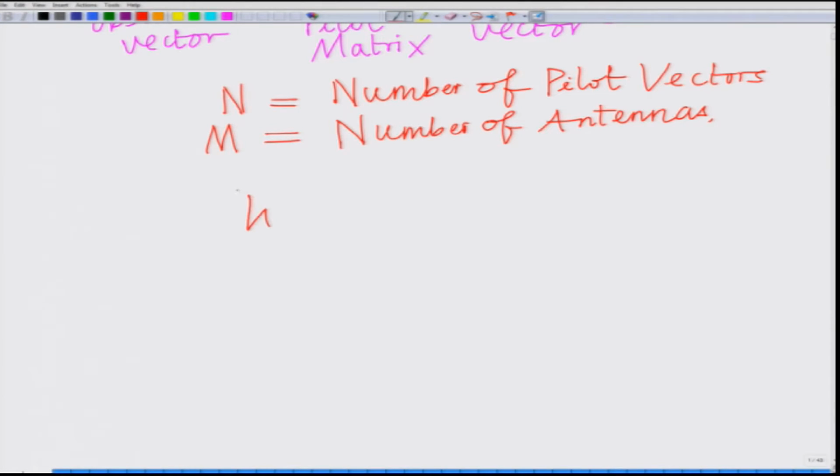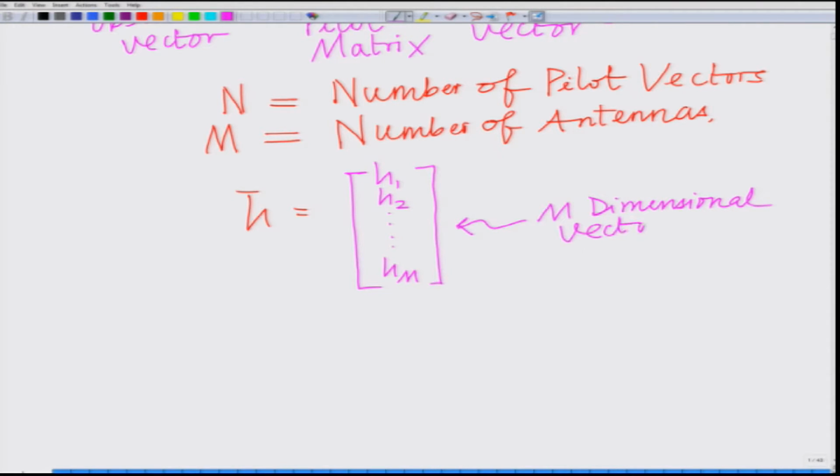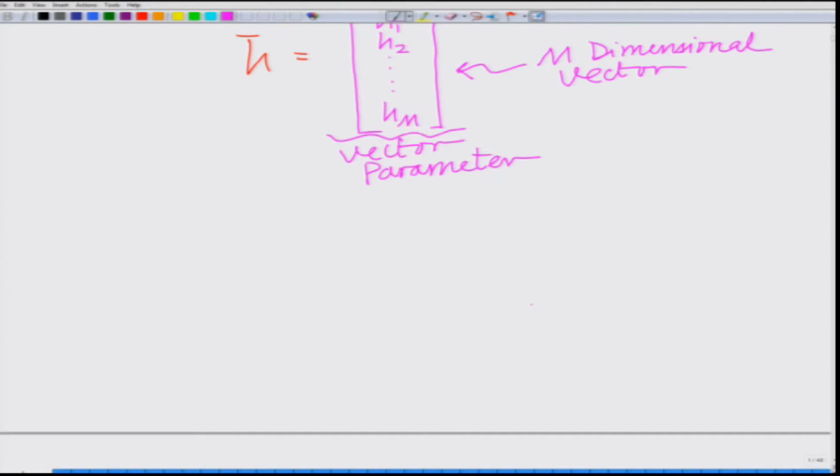So, h bar is this vector parameter, that is what we are talking about. h bar equals h_1, h_2, up to h_M, this is your M dimensional vector. And therefore, we have a vector parameter. And further, we are considering a Bayesian vector parameter.